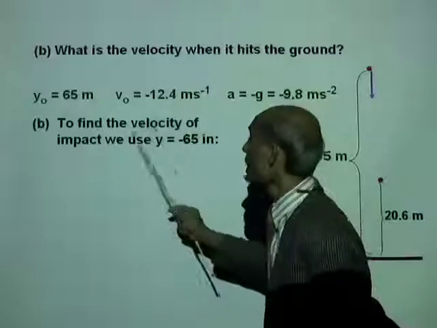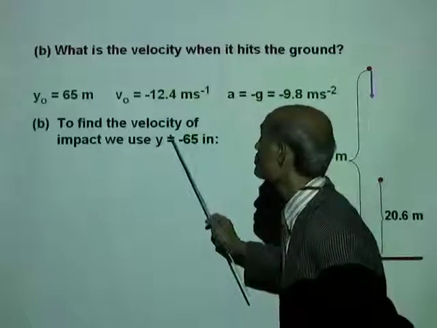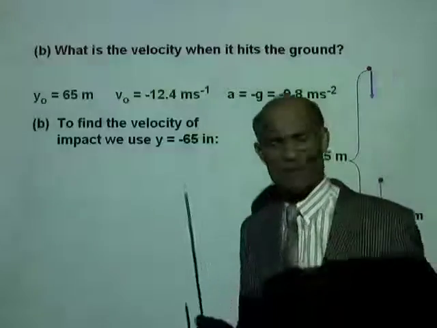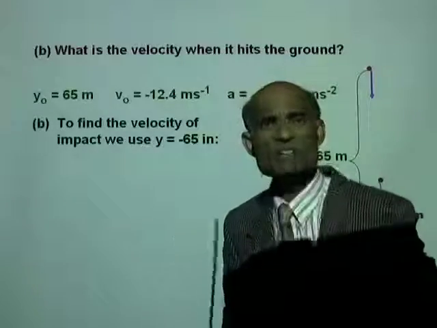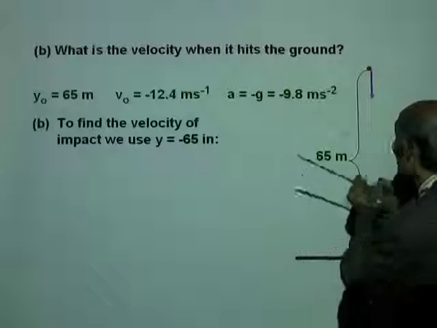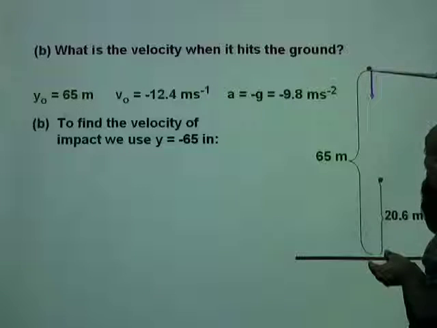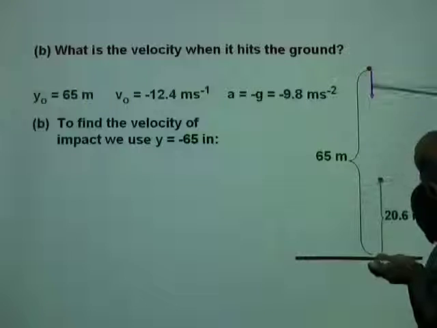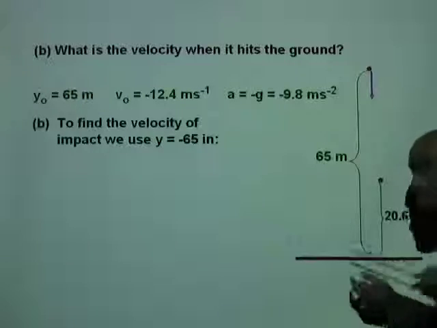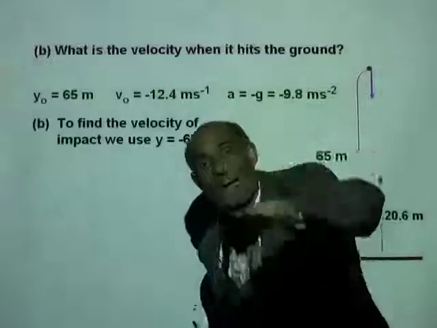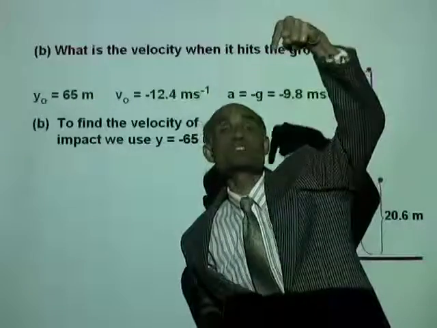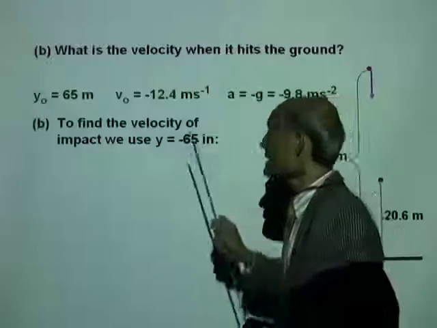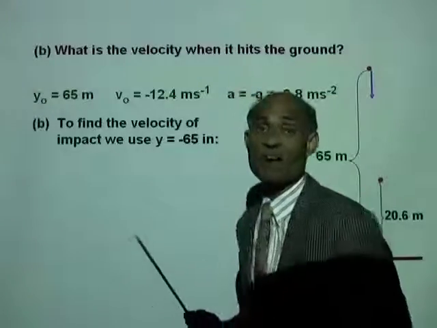To find the velocity of impact, we use y equal to negative 65. Why do we use y equal to negative 65? Because the object, the stone, now travels a distance y equal to negative 65. It is going downward. It covered a distance 65 meters downward. So we use y equal to negative 65.